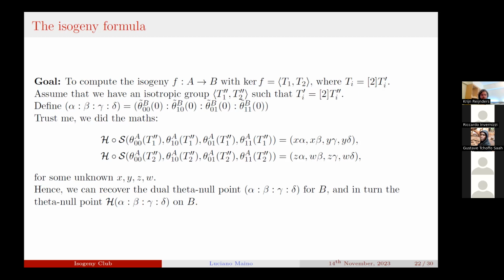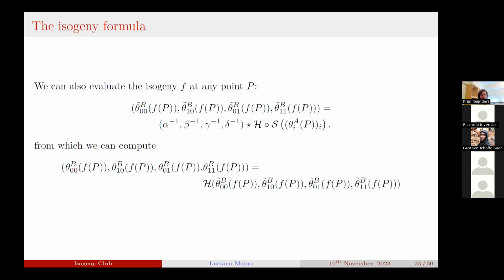So this is the algorithm to compute the codomain of this isogeny, but we can use similar reasoning to evaluate this isogeny F at any point P. If we have the theta coordinates of P, we apply the squaring operator, we apply the Hadamard operator, and then we multiply by the quantity star: alpha to the minus 1, beta to the minus 1, gamma to the minus 1, and delta to the minus 1.